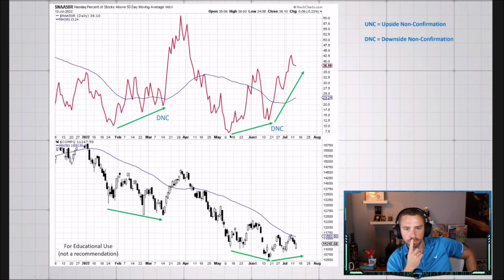And this is one of the reasons, there are others, but look, this is after this long extended decline. And this low is followed by a lower low in the NASDAQ comp, but has a downside non-confirmation, a higher low here while the comp is making a lower low, which shows an attempt of the internal stocks in the composite trying to heal themselves a little bit.